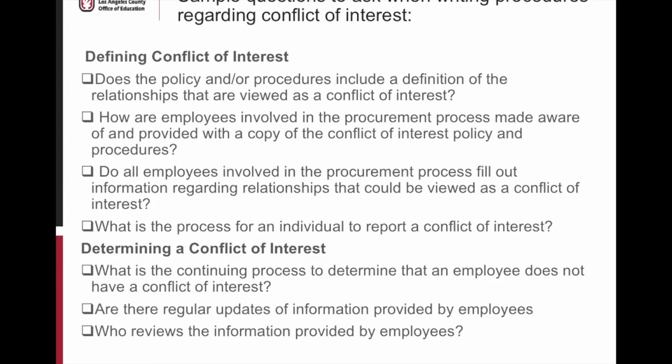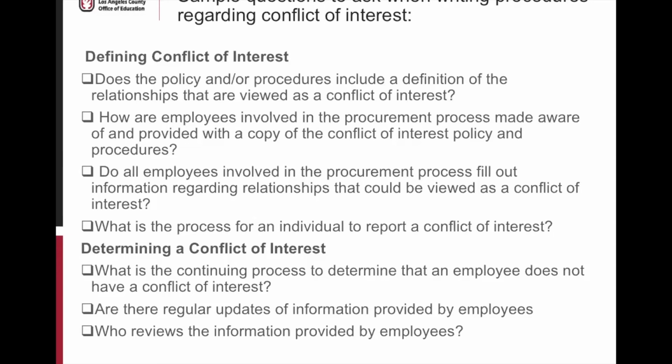Number one. And how are employees that are involved in procurement made aware of and given a copy of your conflict of interest policy and procedures? How does that get out to people? Do all employees fill out information regarding relationships that could be viewed as a conflict? Is that important for everyone, or are they selected employees?